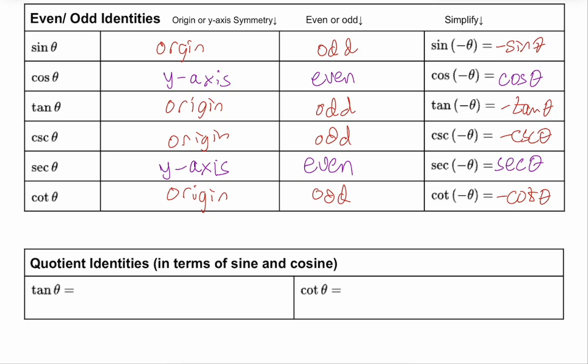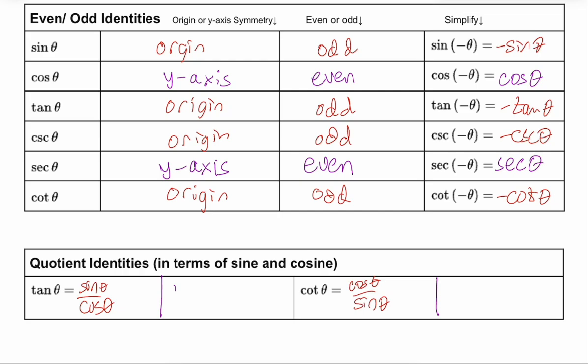And then finally, for tangent and cotangent, so tangent would be sine over cosine. Cotangent would be cosine over sine. There are some bonus opportunities there. Those opportunities happen just by cross multiplying whatever your denominator is to the other side.